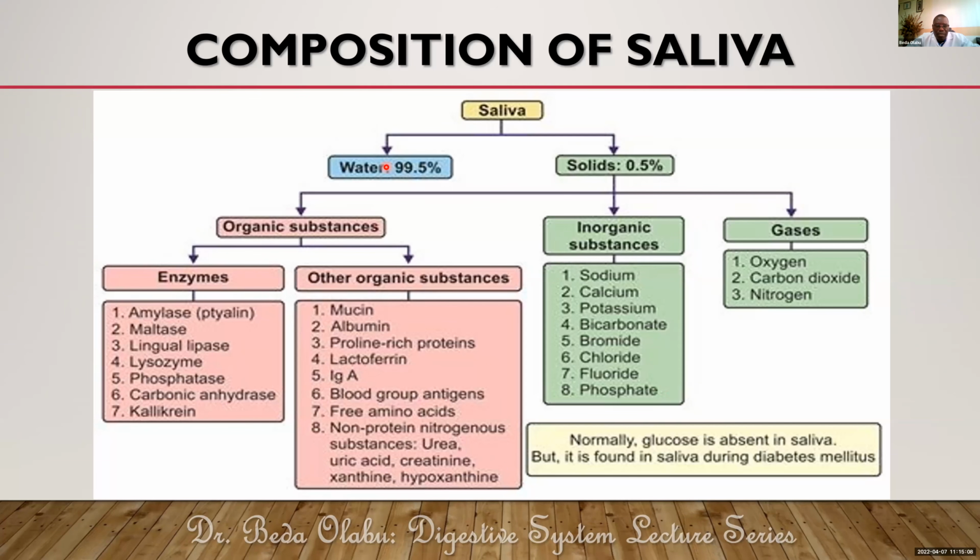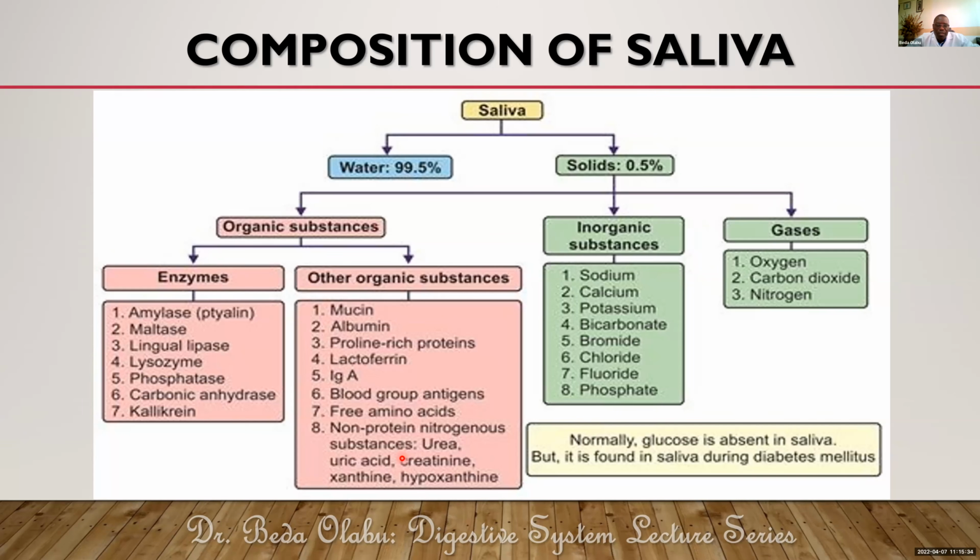But again, we have some organic substances. The organic substances that we have, some are enzymes, which help in digestion, or enzymes which fight infections like lysozyme. But we also have other substances which are not necessarily enzymes, but they're organic substances.